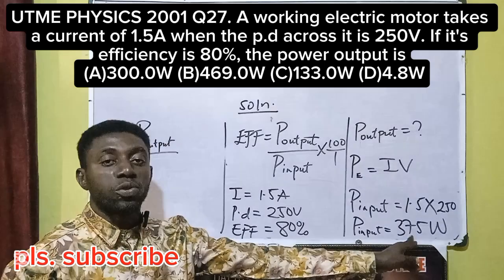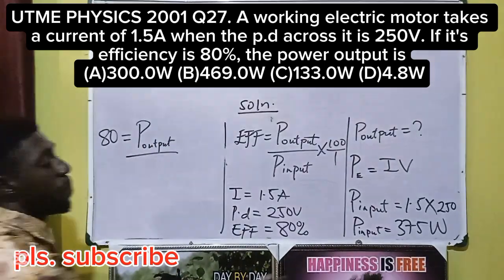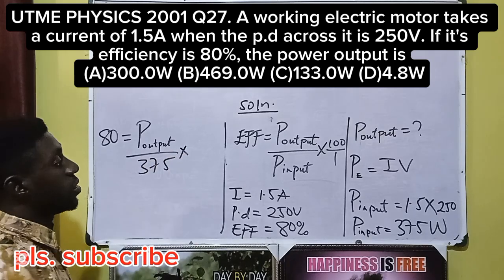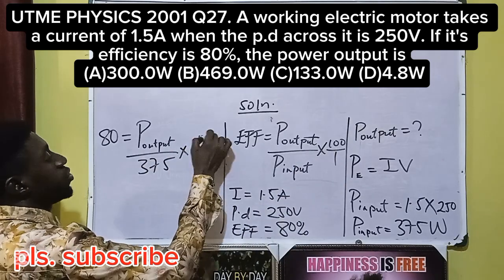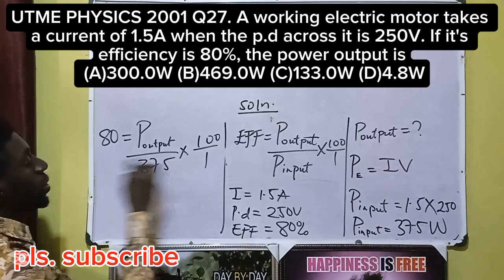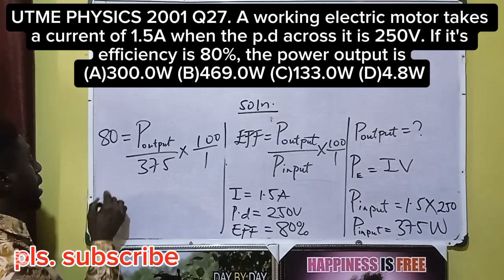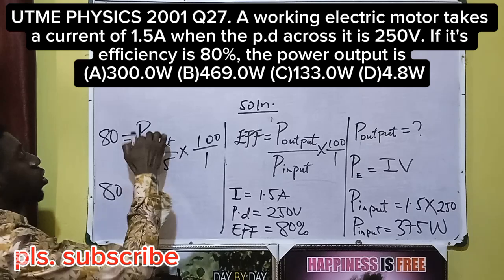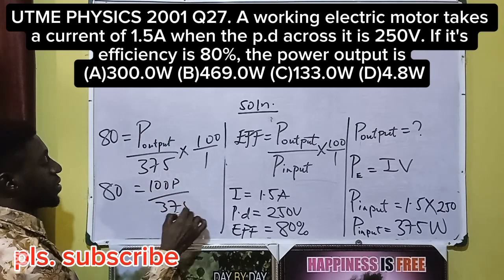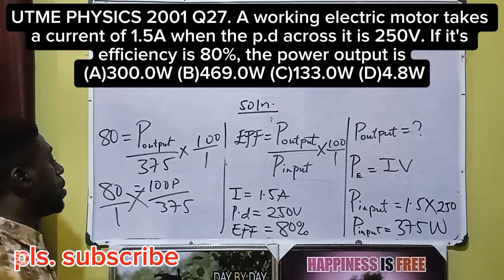So this is the power input. Then we'll come back. The power input will be put in as 375, and we'll continue with the formula, times 100 all over 1. At this point, let's call the power output just P. 100P over 375, this over 1, cross and multiply.